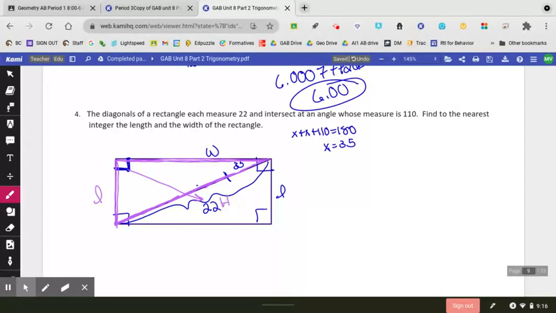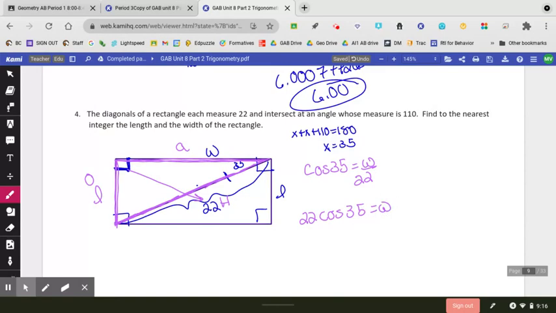So in terms of 35, the width is adjacent, the length is opposite. So to find the width, I'm going to use cosine. So I'm going to say cosine of 35 equals W over 22. So 22 cosine of 35 equals W.